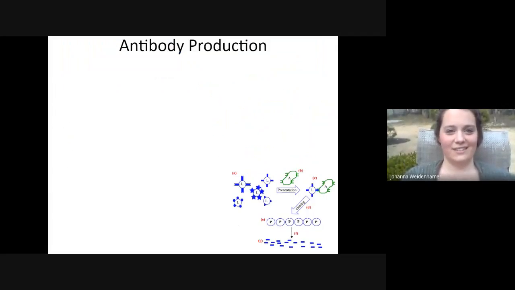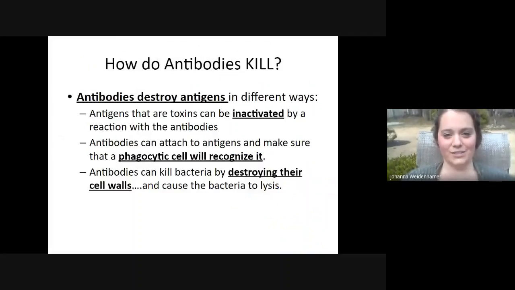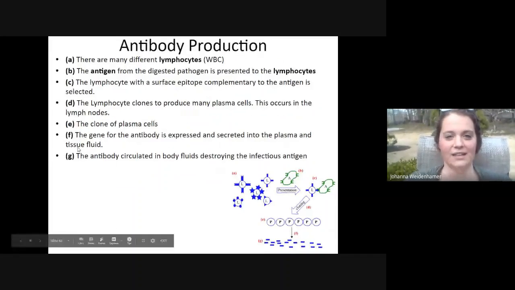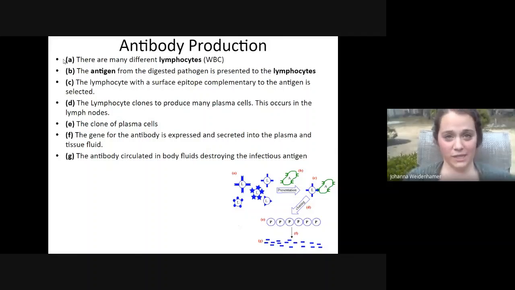So now, taking a look again, kind of overview of how antibodies are produced. Let's just go through and make sure that we're all now on the same page of how exactly we, as humans, in our immune response, can make antibodies to be specific to specific pathogens. So, looking at A, remember, there are many different lymphocytes.